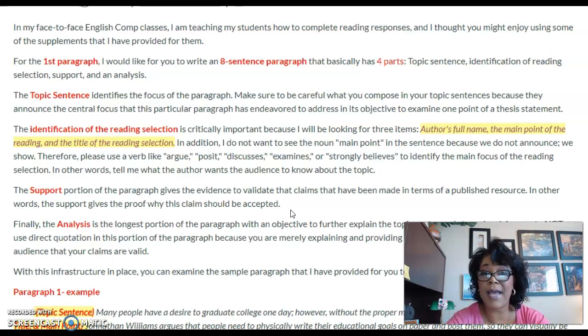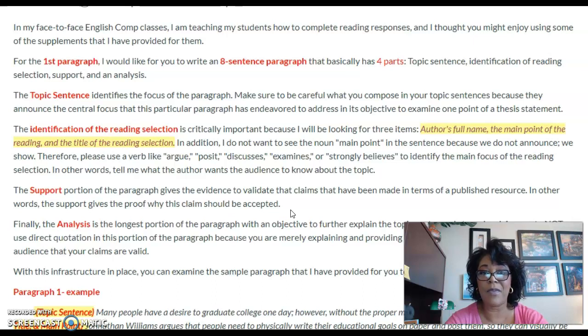The only thing that I ask is that you do your best. For this assignment, as long as you've done the assignment, you have 8 sentences, and you have the 4 parts that I can clearly see, that ensures that you have the minimal points, which is 14 out of 20 for a reading assignment.